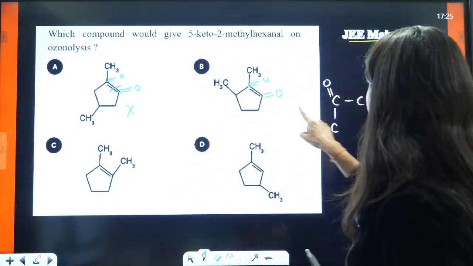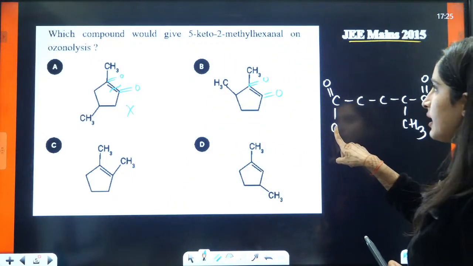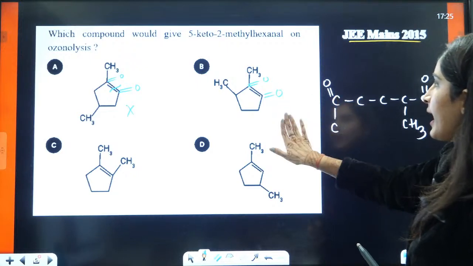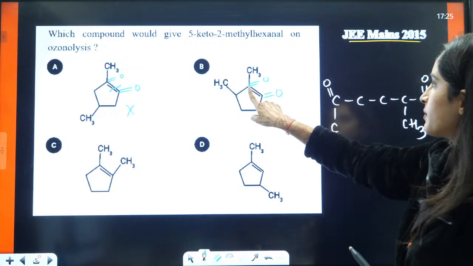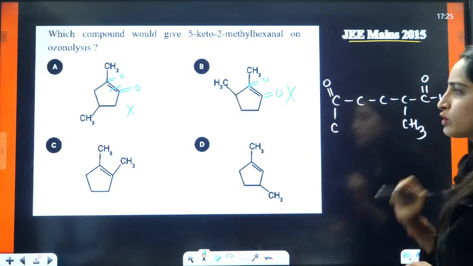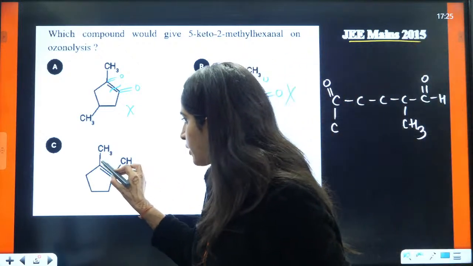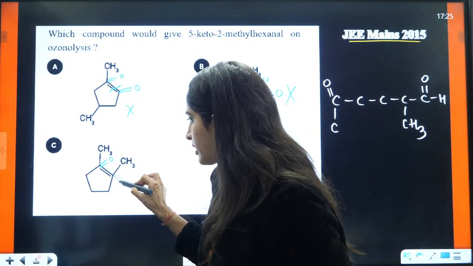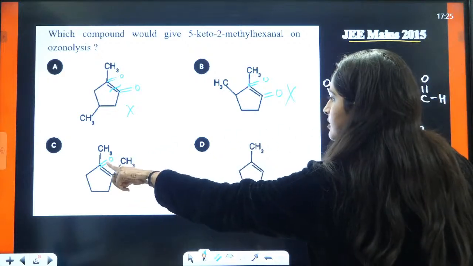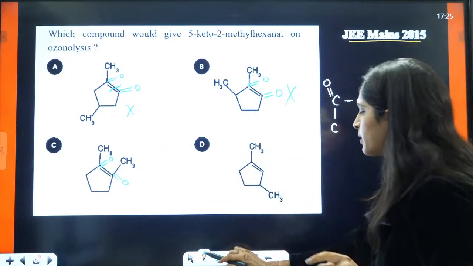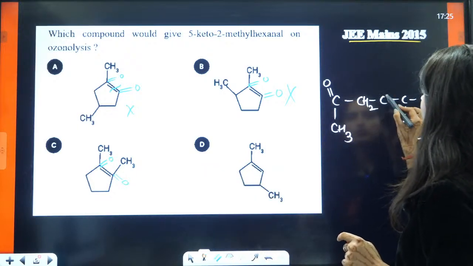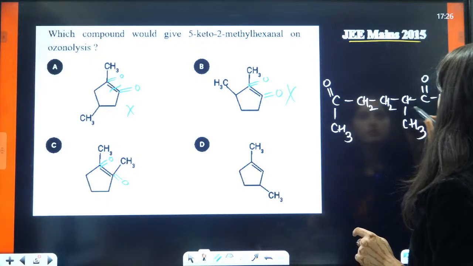Now the answer will be CH3, C double bond, then again CH3, C double bond, then a carbon which should have a methyl group. No, that is also not the correct answer. You break one double bond over here. Now let us see. This is CH3, C double bond, CH2, CH2, CH.